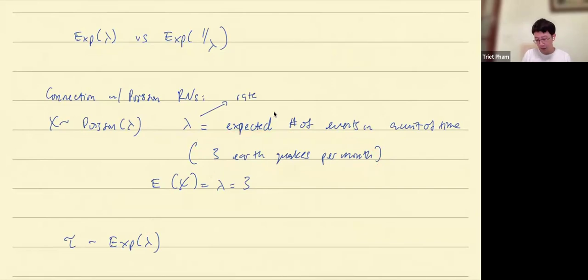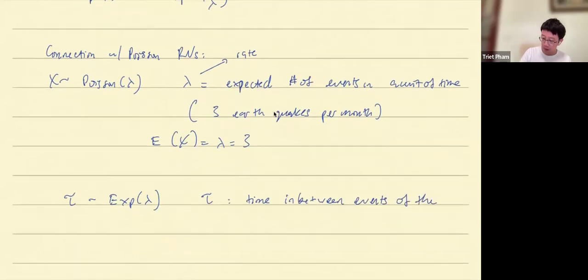I guess somehow the Poisson lambda is also referred to as a rate, but here lambda relates to the inter-arrival time. So tau here is a random variable representing the time in between events of the Poisson random variable.